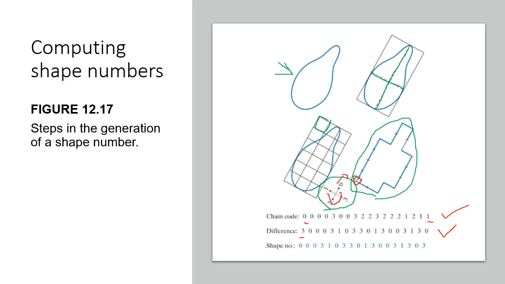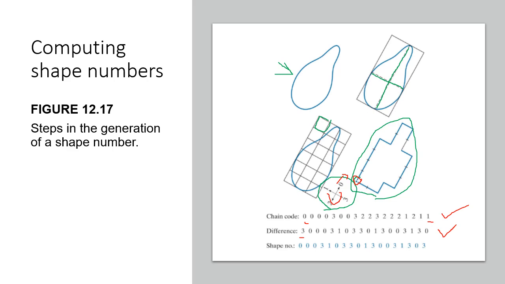Now from this difference, the shape number is defined to be the minimum size of the numbers consisting of these chain codes by selecting the starting point.